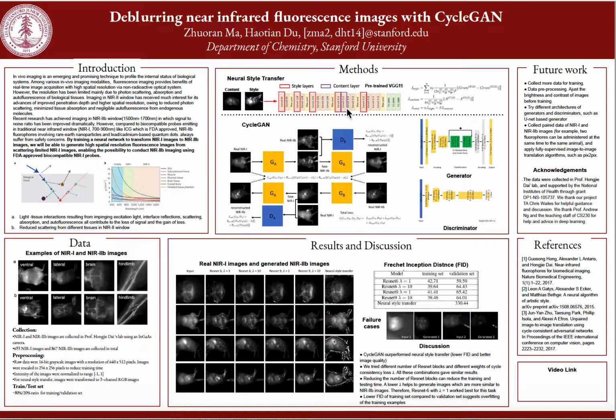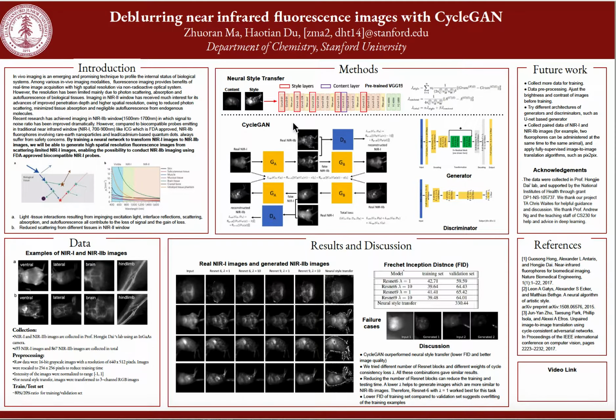Finally, the total loss is a weighted sum of the style loss and the content loss with hyperparameters alpha and beta. We just chose alpha to be 10 and beta to be 40 in our experiments, and we didn't tune these hyperparameters. We used an Adam optimizer to minimize the total loss with respect to the generated image, so we can get a NIR2B-styled NIR1 image as our final output.